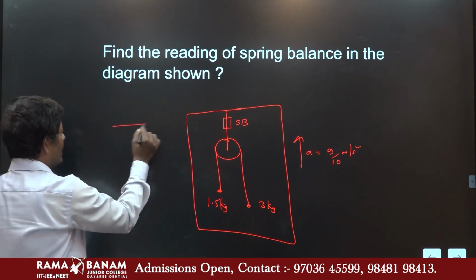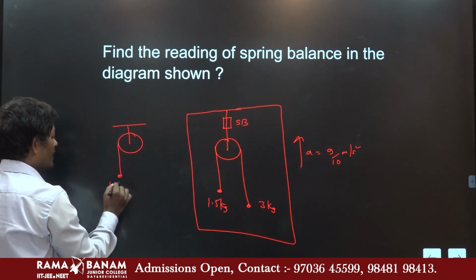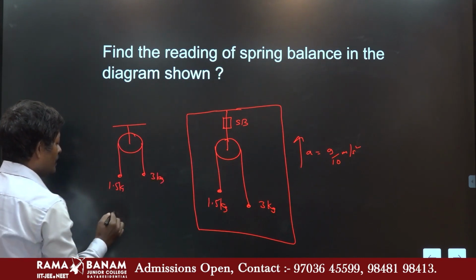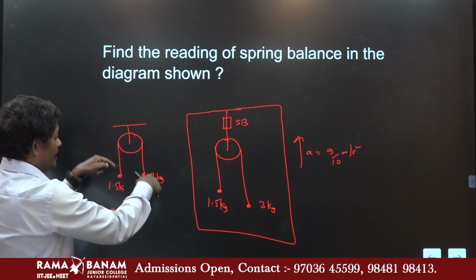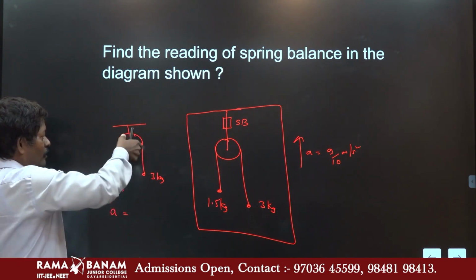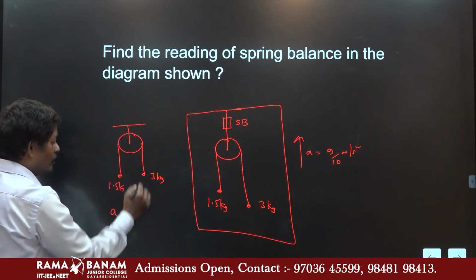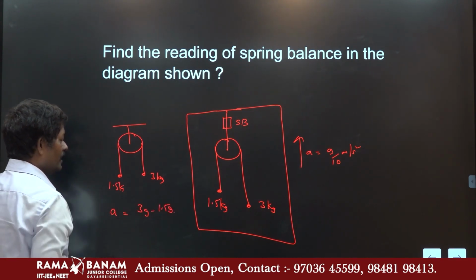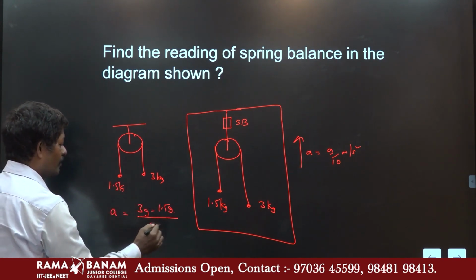Take this 1.5 kg here and 3 kg here. If you want acceleration quickly, 3g will try to rotate the pulley clockwise, 1.5g will try to rotate the pulley anti-clockwise, opposing torques. Therefore, 3g minus 1.5g, net force, divided by sigma m, which is 3 plus 1.5, 4.5.